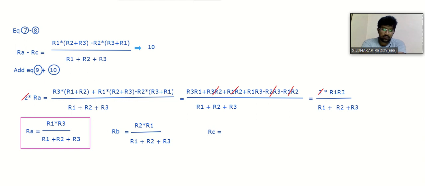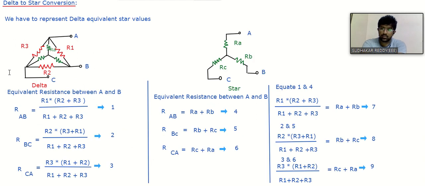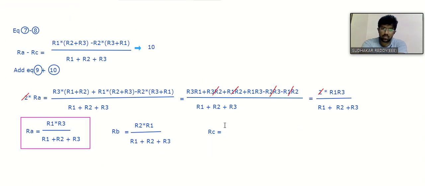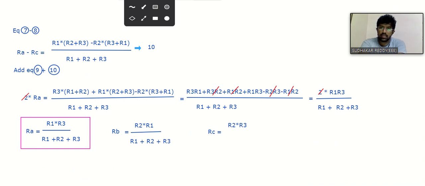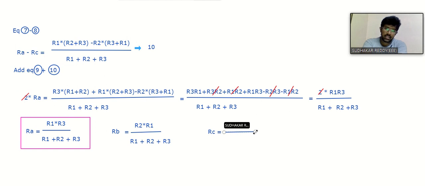Can you guess RC? You can observe here, this is RC, right? This RC is connected between R2 and R3. So between R2 and R3 means I can write R2R3 divided by, again, R1 plus R2 plus R3.